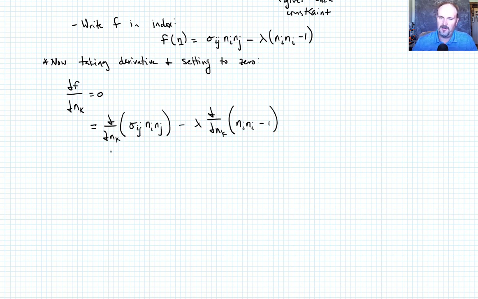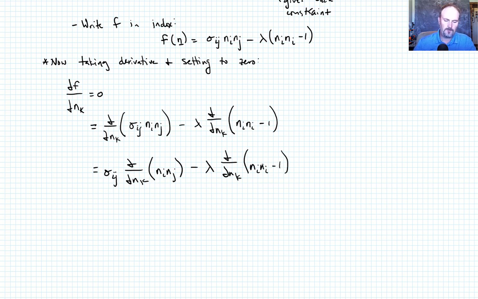So it doesn't have a dependence on nk, so we can pull it outside and write this as sigma ij times the partial with respect to nk of ni nj, minus lambda partial with respect to nk of ni minus 1. Okay?